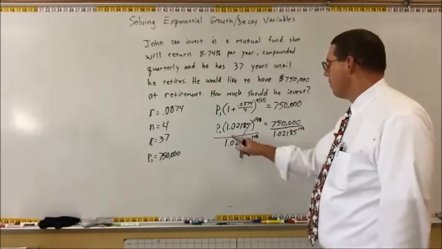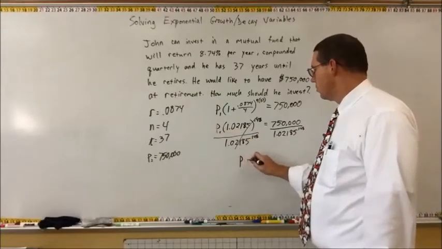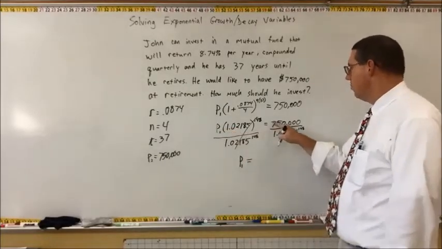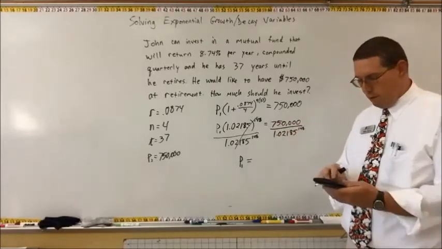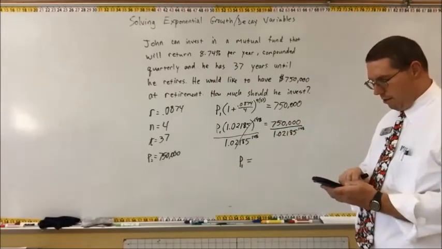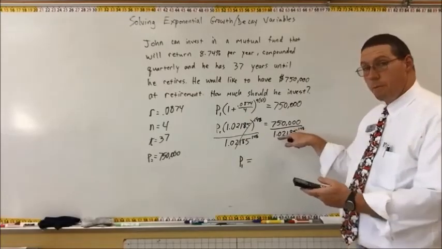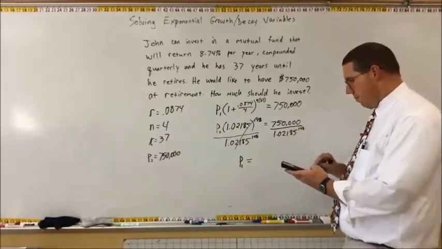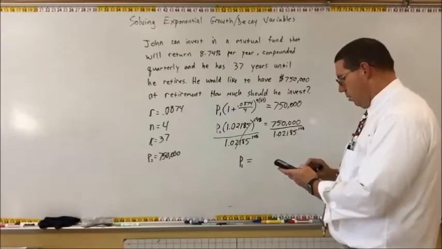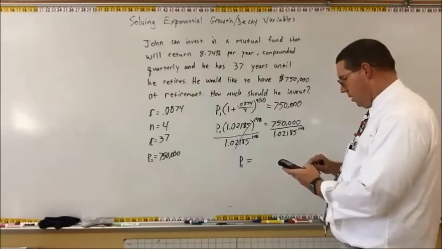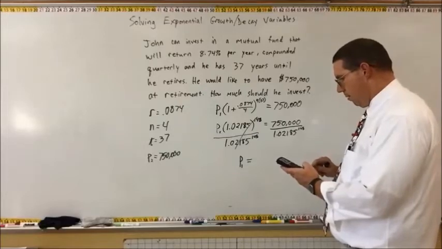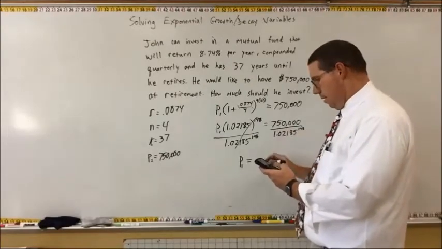So then P, the starting value, is going to be equal to 750,000 divided by this thing, which I'm going to put in parentheses, 1.02185 to the power of 148. And then press enter.